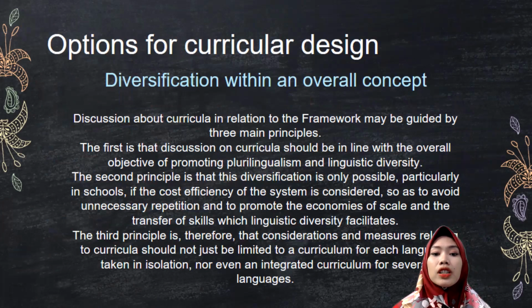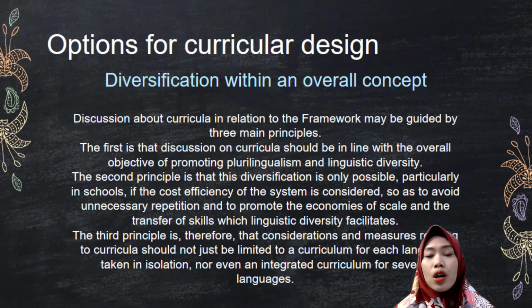Discussions about curricula in relation to the framework may be guided by three main principles. The first is that discussion of curricula should be with the overall objective of promoting plurilingualism and linguistic diversity.